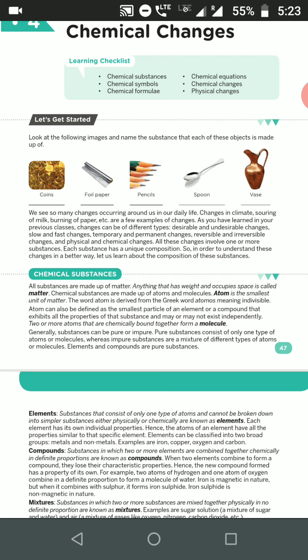Then the question arises, what is matter? Matter is anything that has mass or weight and occupies space. Suppose you are having a pencil in your hand, it has a mass and it is occupying space. So this is called matter.